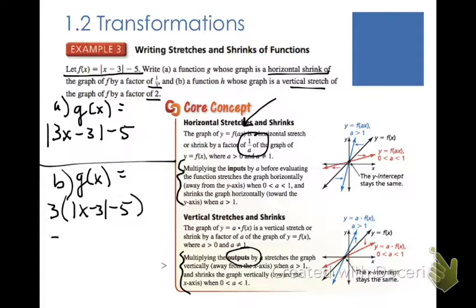So it will equal 3 times x minus 3 minus, it's not a factor of 3, sorry, I had 3 on the brain. It's a factor of 2. So that would be 2 times the absolute value of x minus 3 minus 10.